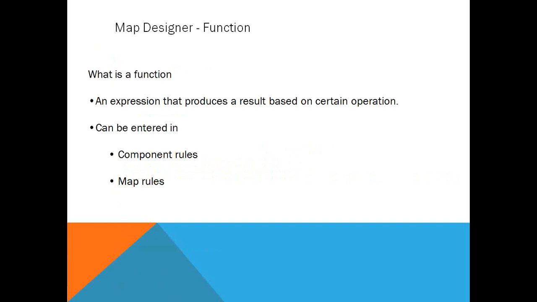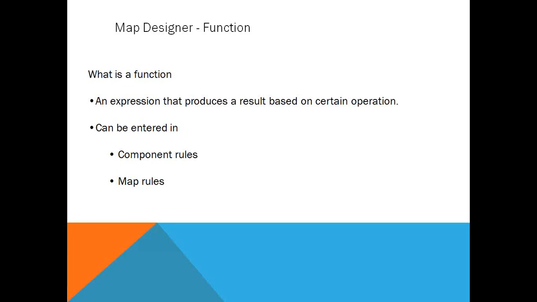So the next one is functions. It basically talks about built-in functions. An expression that produces a result based on a certain operation can be entered in the component rule or map rule. It's basically talking about WTX built-in functions like current date, the if function, and the when function.